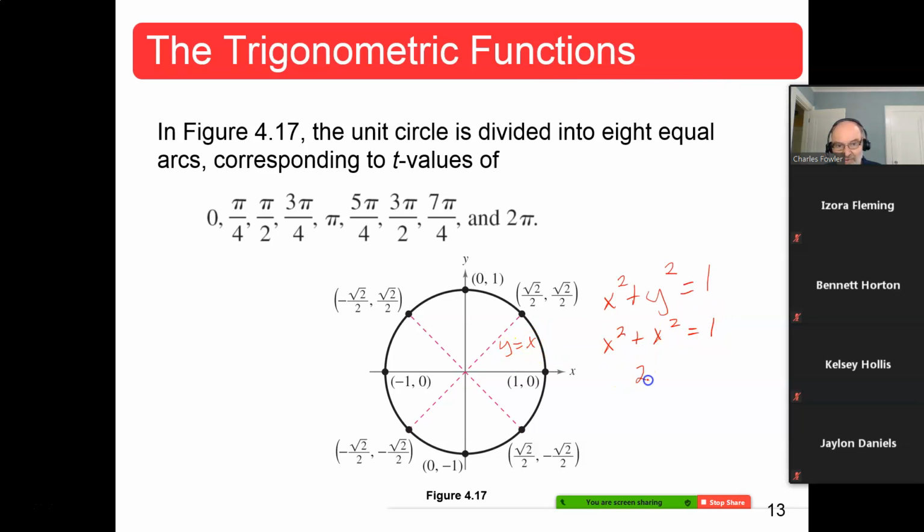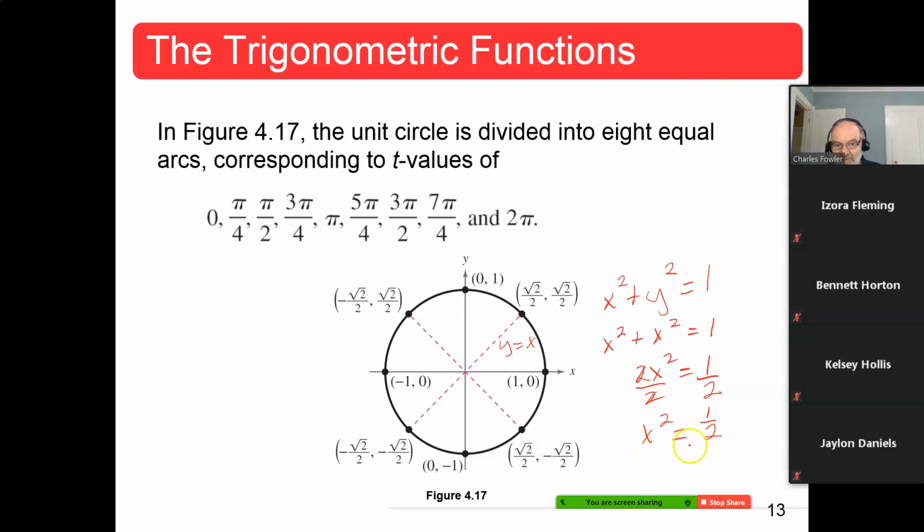Well, this means that 2x squared is equal to 1. Let's divide both sides by 2. That gives you x squared is equal to 1/2, right?